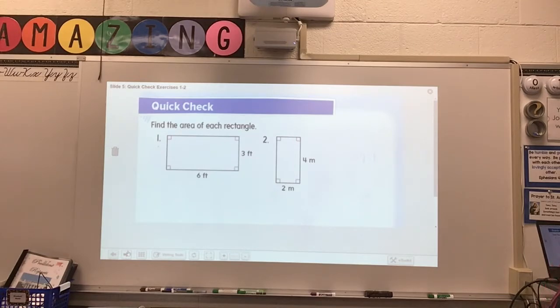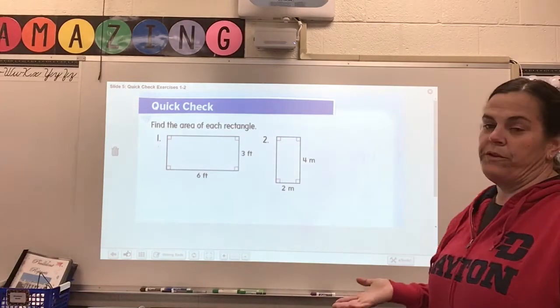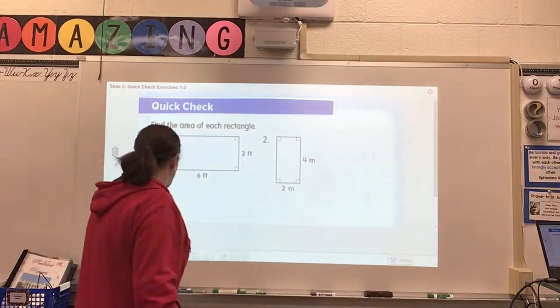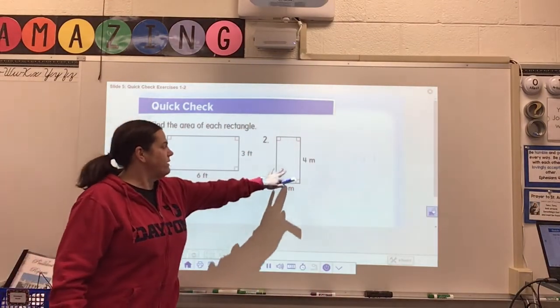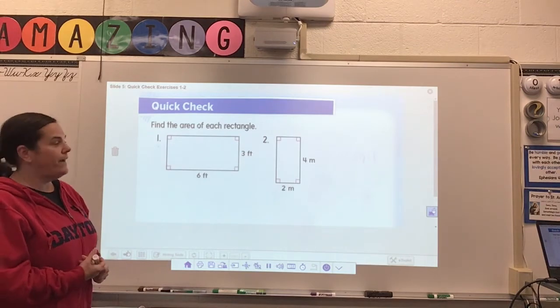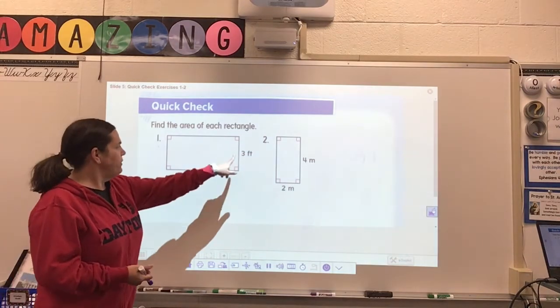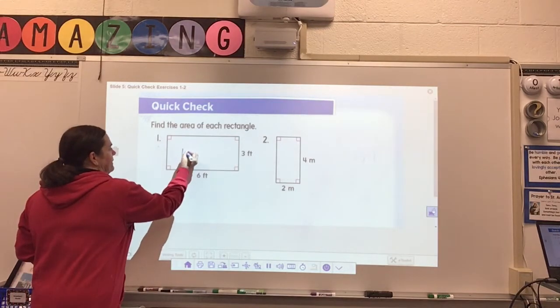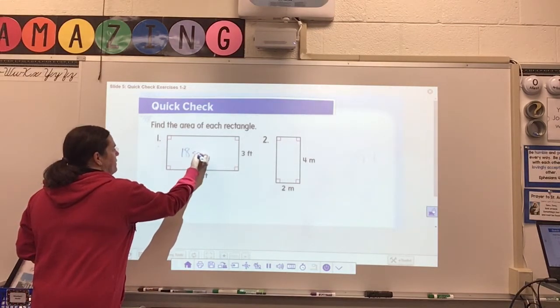This is just a real quick check because in order to do this lesson, you need to remember how to do some previous lessons. So you'll notice that neither of these rectangles have the squares in there to count. So we do have to rely on multiplication here. But I can multiply 3 times 6 and get 18 square feet.